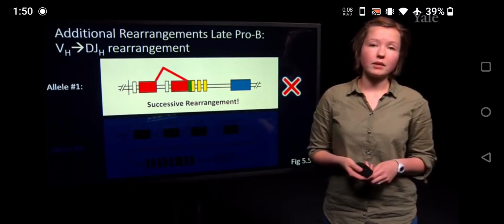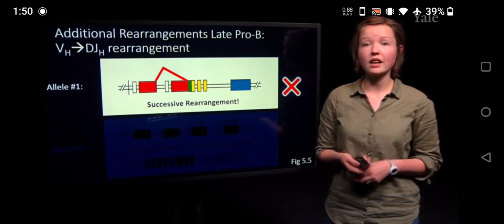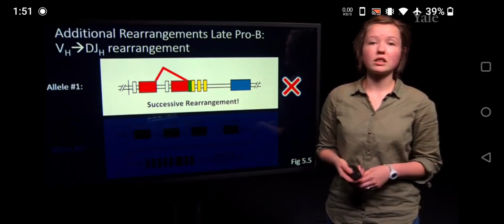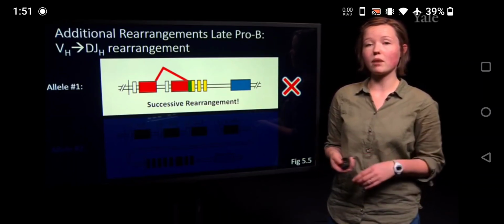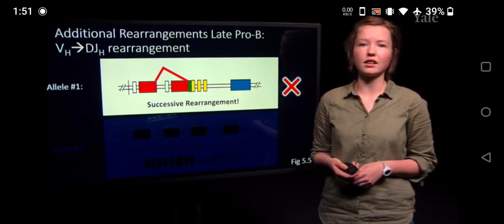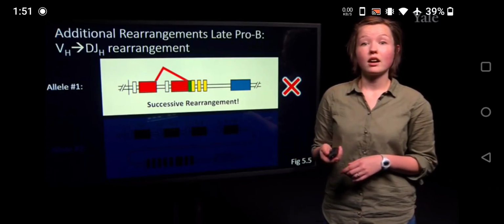If we remember from our lymphocyte antigen receptor loci lecture, that there are many V, Ds, and Js, so as long as there are still Vs to recombine with the DJ segments, successive rearrangements can happen at this allele, trying to have functional rearrangement at the heavy chain.